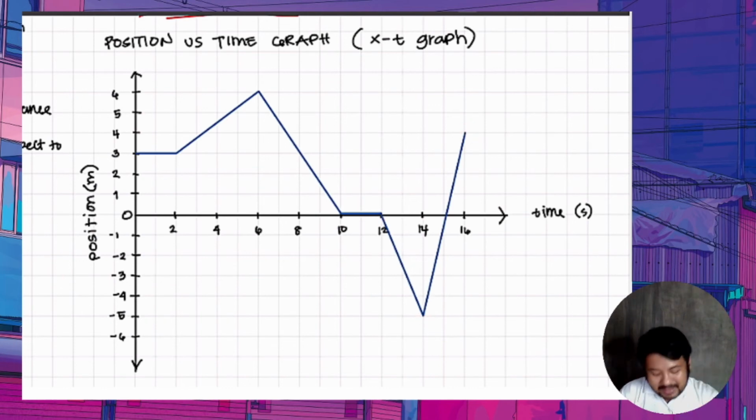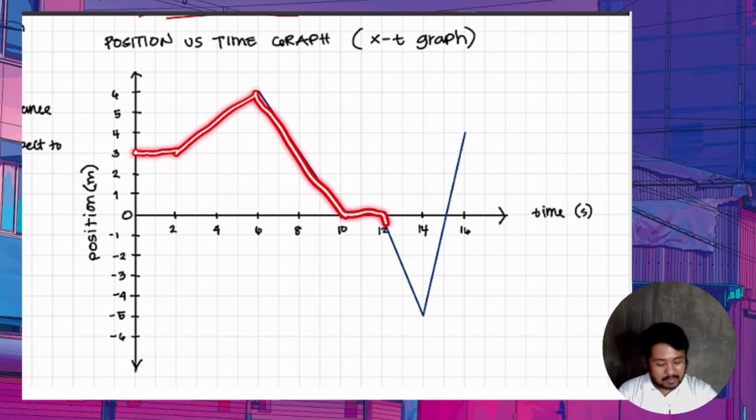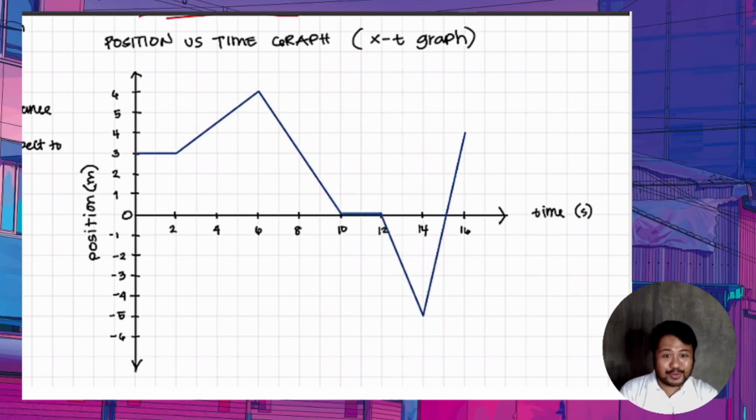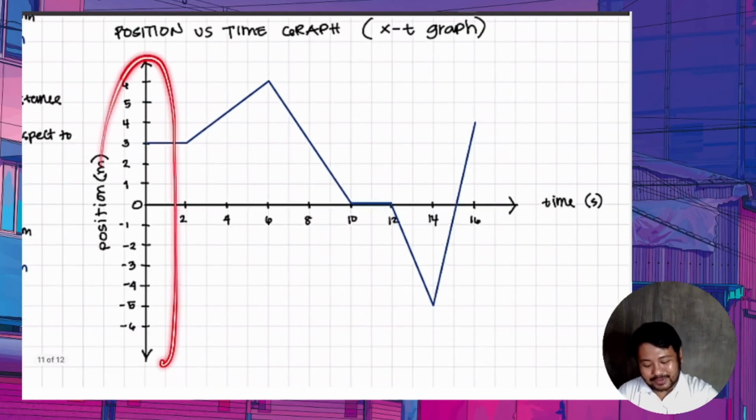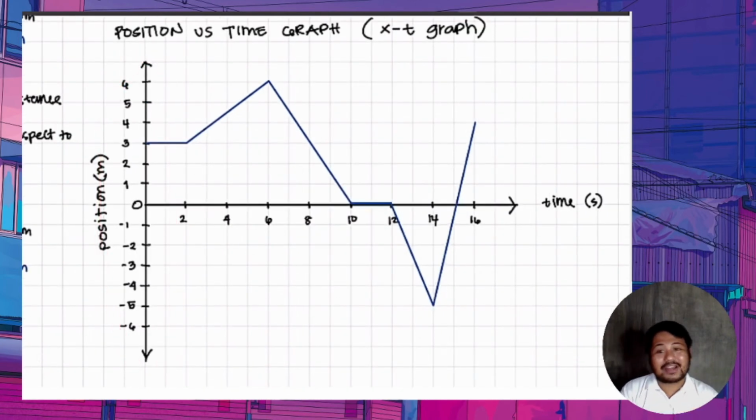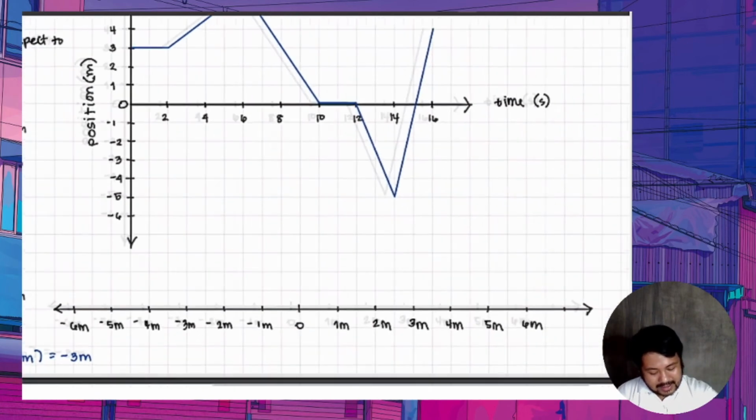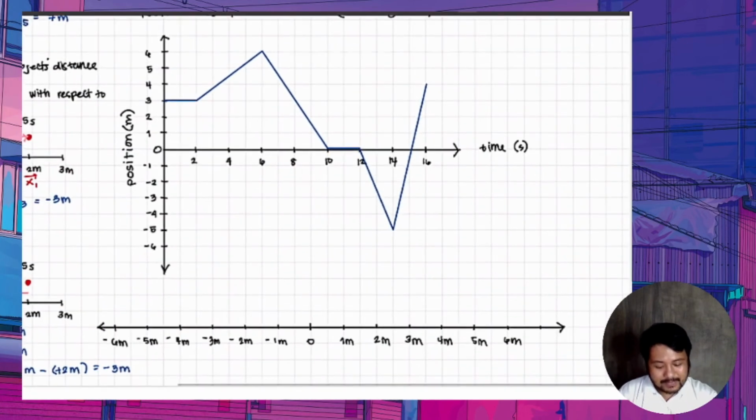It does not mean na ang particle natin is nag-straight line lang siya, and then pumunta sa taas, tsaka bumaba, nag-straight line, tapos bumaba, tapos bumalik sa taas. No. This is one dimension lang ito na position. You can treat this as your x na mga position. So, you could lay it out here na paganyan. Okay? So, let's say for example, from 0 seconds to 2 seconds, nasa 3 meters lang siya.